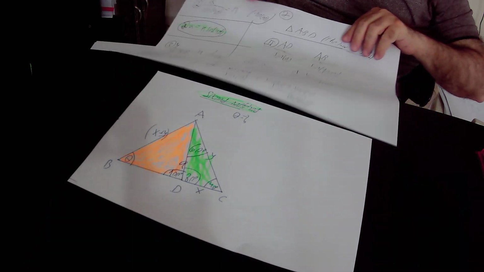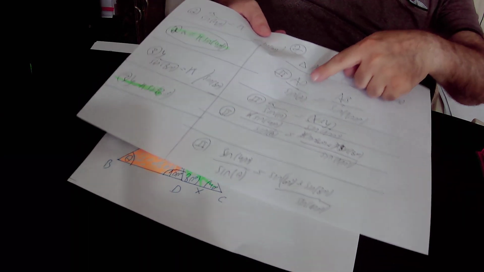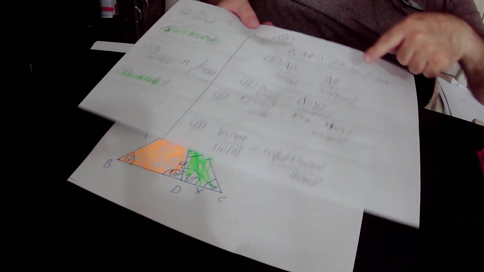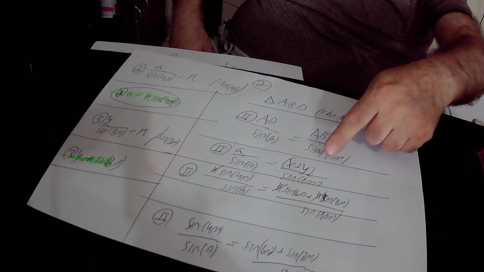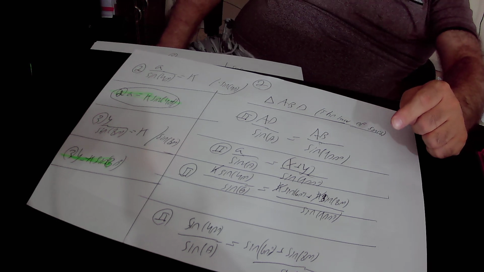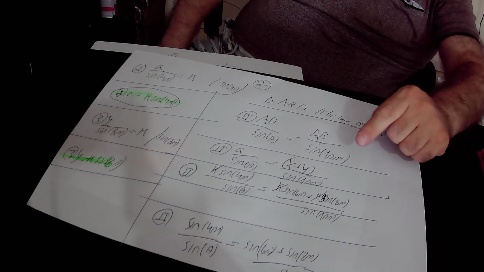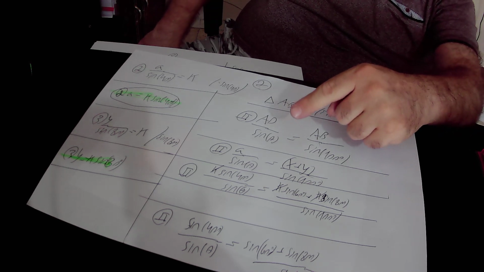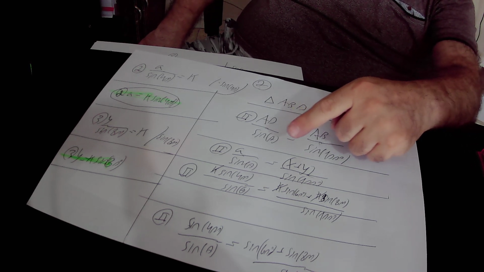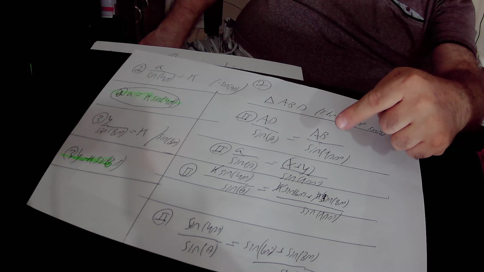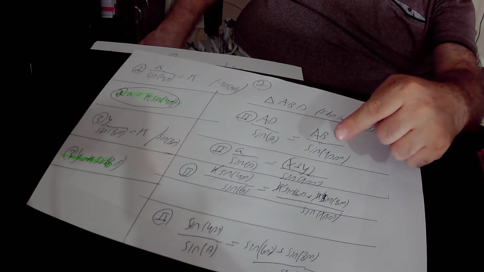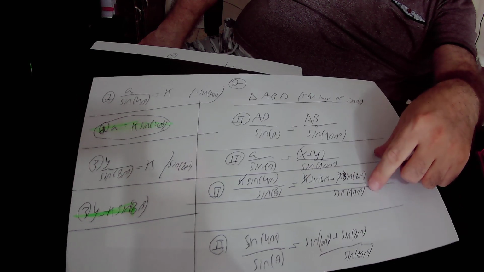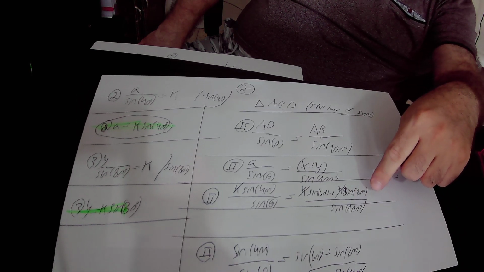Here AD equals A, so we substitute AD by A. AB equals x plus y, and therefore we substitute AB by x plus y. We got this equation: A over sine theta equals x plus y over sine 100 degrees. Then we substituted A by K times sine 40 degrees, we substituted x by K times sine 60 degrees, and we substituted y by K times sine 80 degrees.